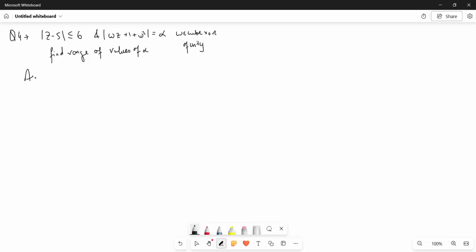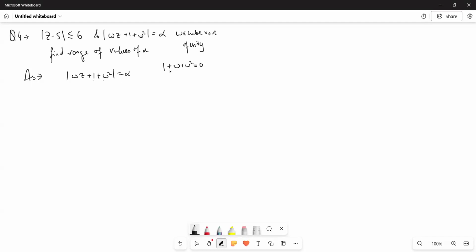आगे तो इसको सॉल्व करेंगे लाइक दिस. Let's say we start with this: omega z plus 1 plus omega square is equal to alpha. अच्छा, what are the properties of cube roots of unity that we have? सम 0 होगा तीनों का. Sum of the roots for cube roots of unity is always 0.